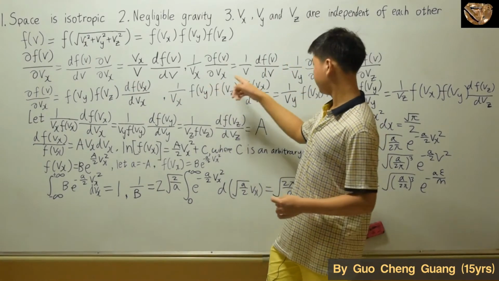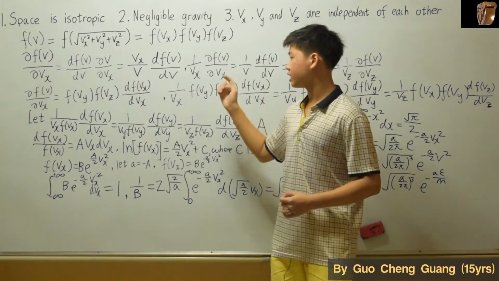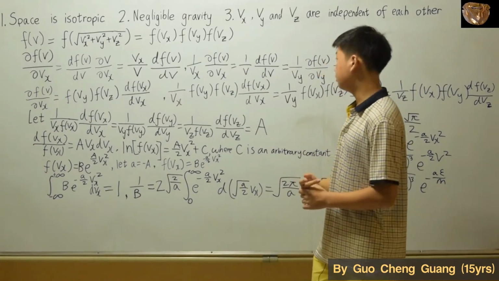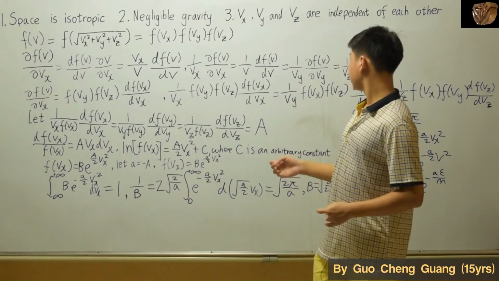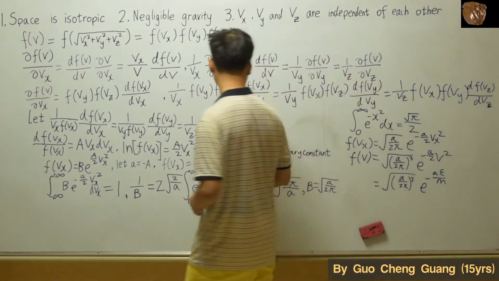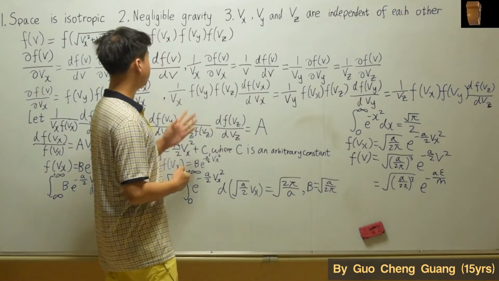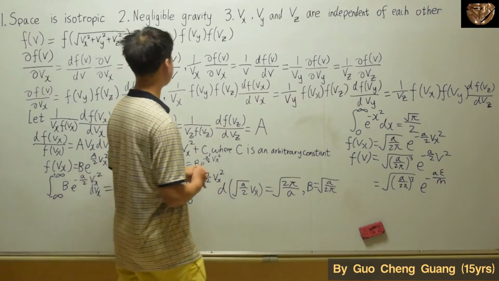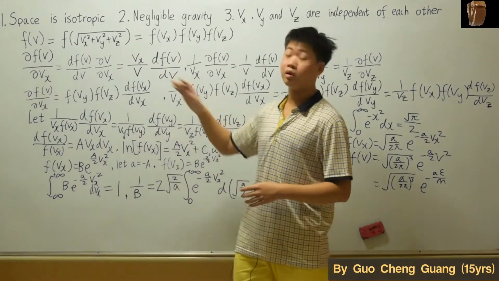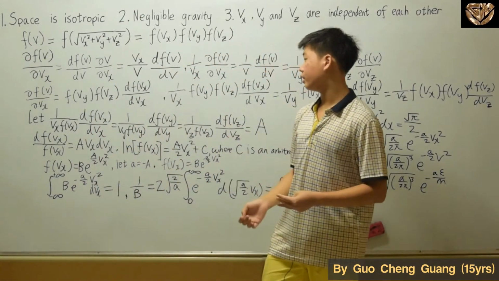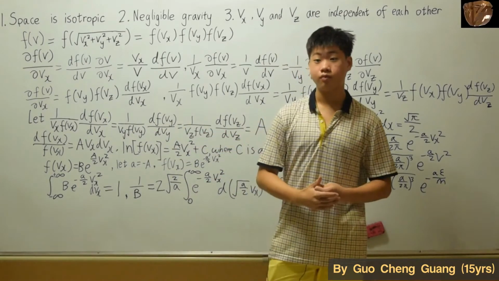You manipulate the first part a little bit and substitute them into one another. At last, you have a form like this, which you divide all of the terms by your probability density function, and you let that be a constant.